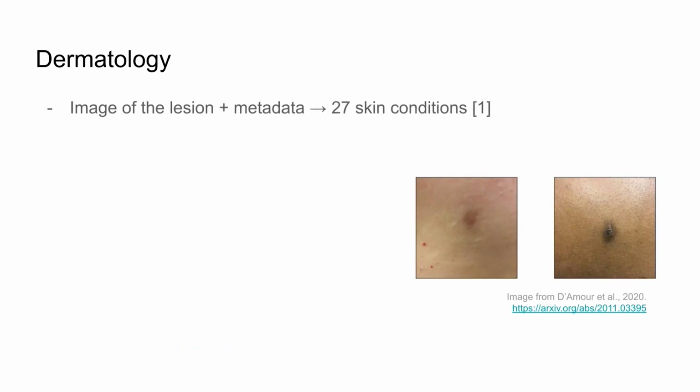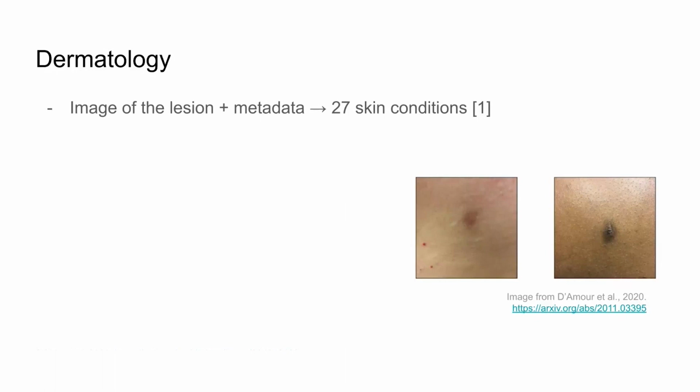So we're looking at applications in dermatology, and you have examples here of images. The goal of that task is to take images of the lesion, of the pathology, with metadata. These include some demographics like age, sex, sometimes skin tone, but it's not always available.